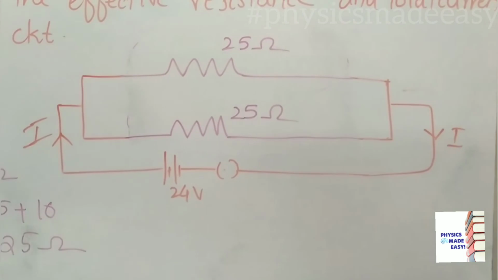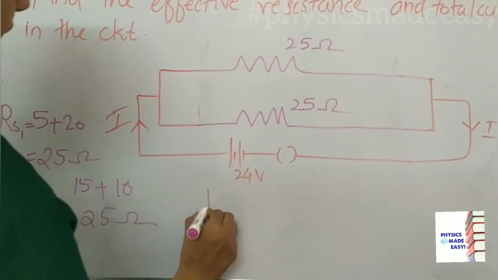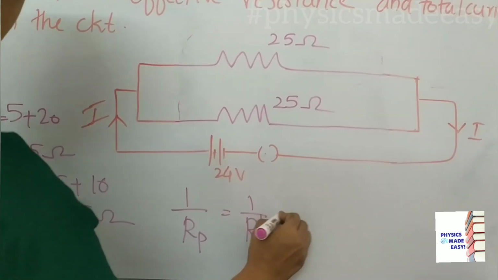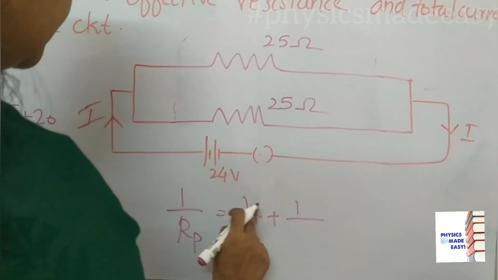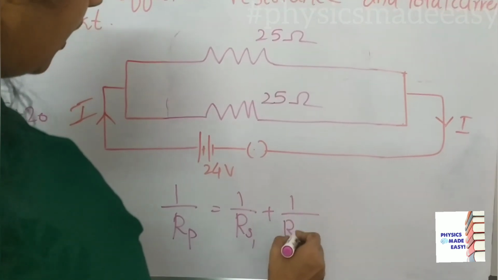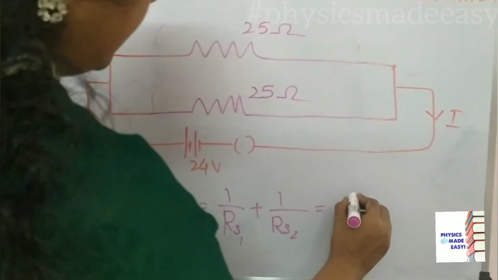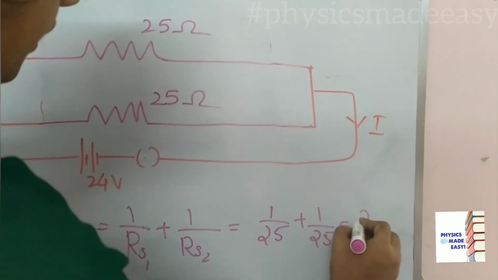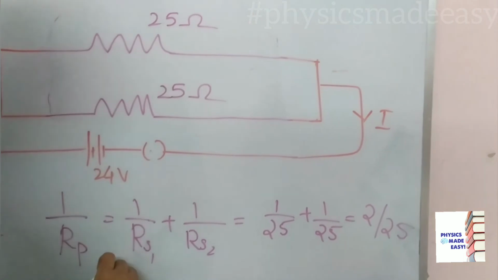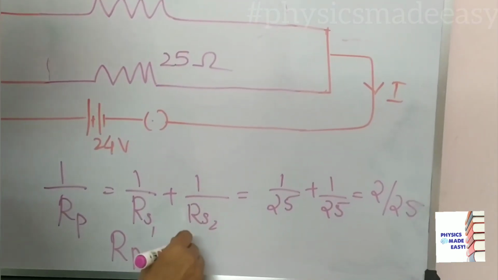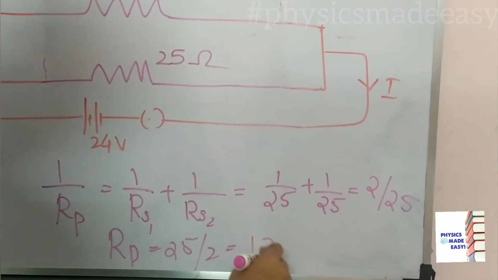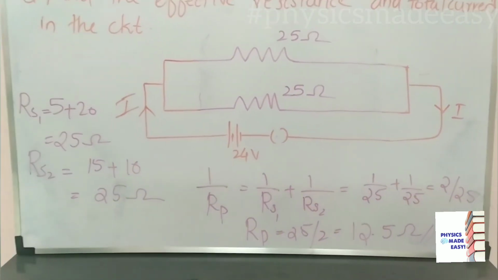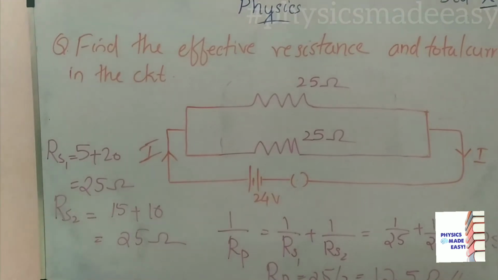Now how can we find the effective resistance? 1/Rp = 1/Rs1 + 1/Rs2. So here 1/25 + 1/25 = 2/25. Then 25/2, that is equal to 12.5 ohm. That is the total resistance in this circuit, or we can say the effective resistance in this circuit.